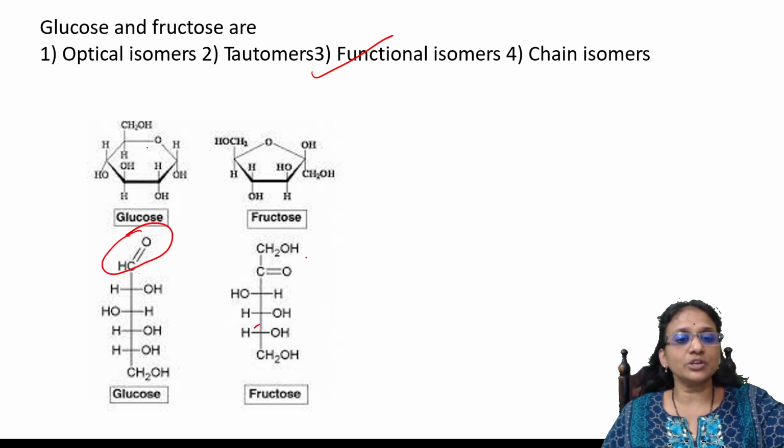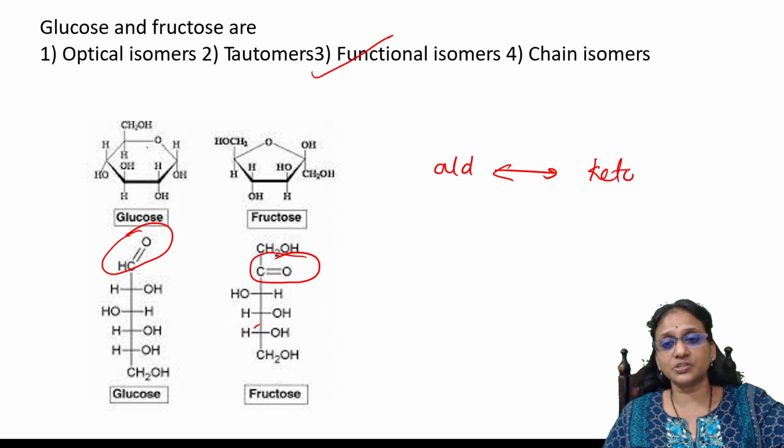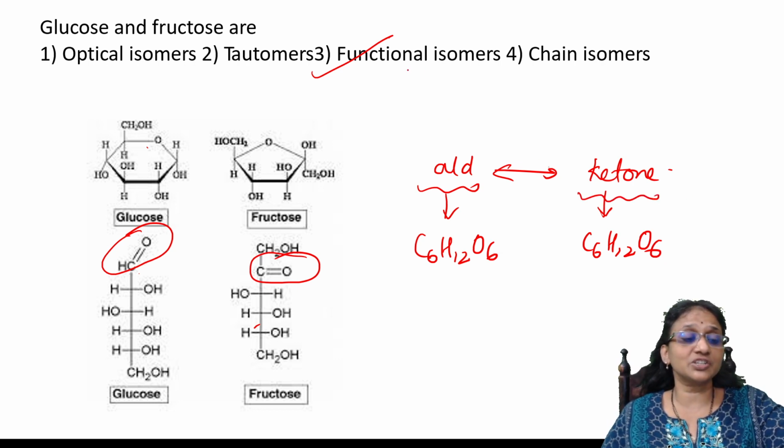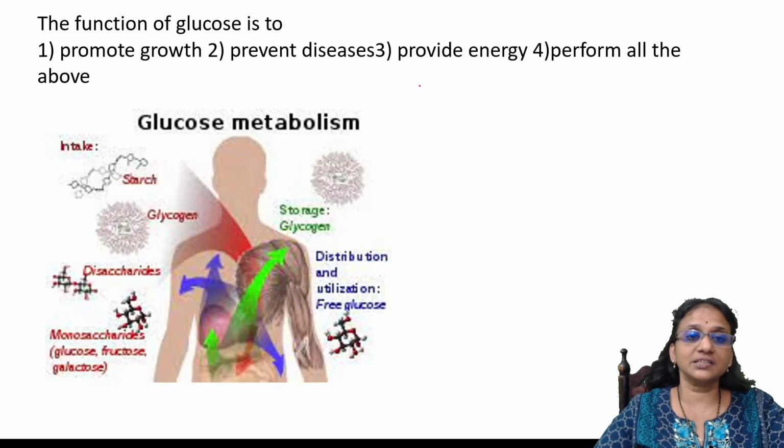In fructose molecule, you have a ketonic group. Aldehyde and ketone are functional isomers. The formula is the same. In aldehyde, it is C6H12O6. In ketone, also it is C6H12O6. So the only difference is the functional group. That's why they are always functional group isomers. Okay, students, easy.